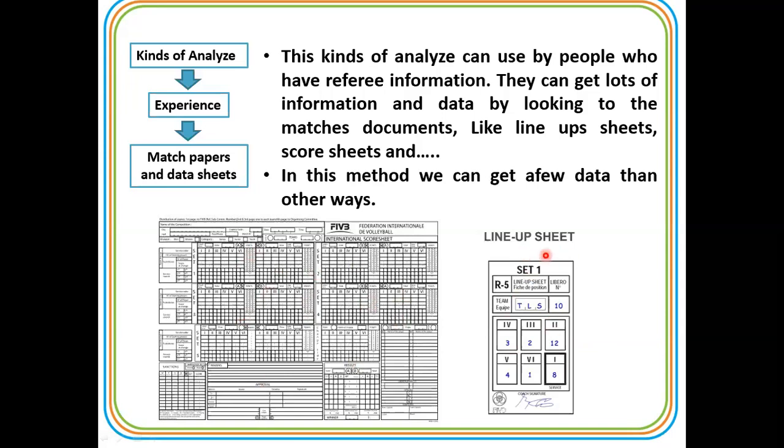For example, in this lineup sheet, you can see the six starting players. For example, number 2 is the main player in that team. If you see that, you can arrange your six starting players and have a good plan for this number 12.